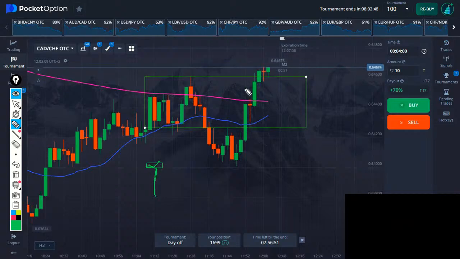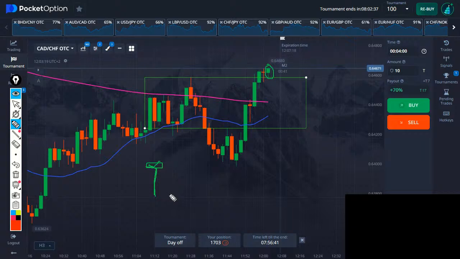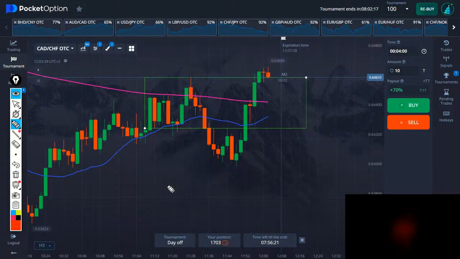It has to happen above your box. See, it's happening over here and here. Now, it can also be a red candle like this. This is also a beautiful signal like this one to go for a buy. Okay, so you have two signals.